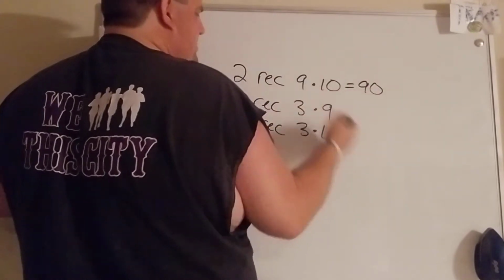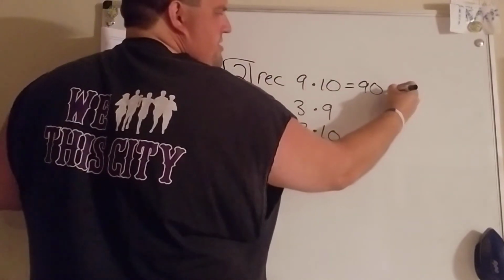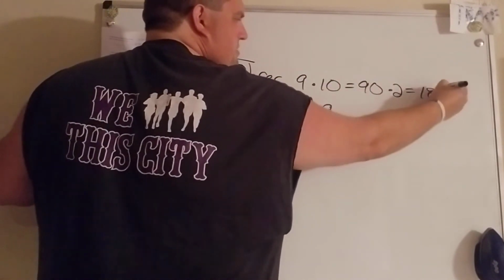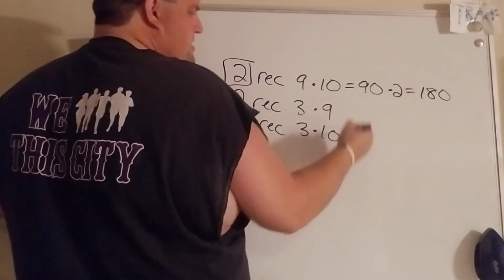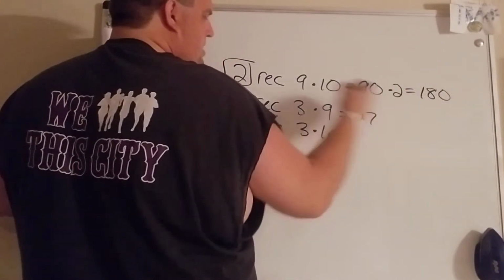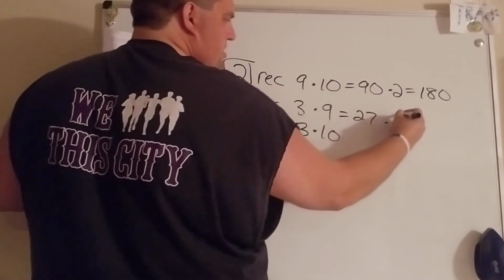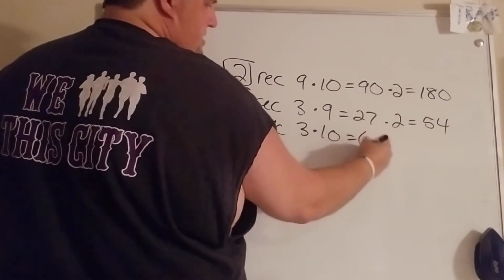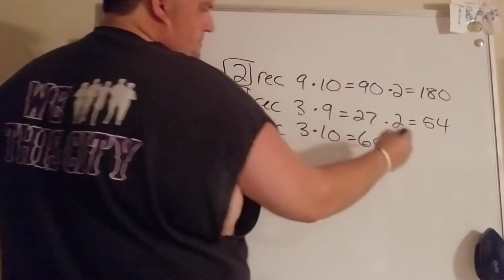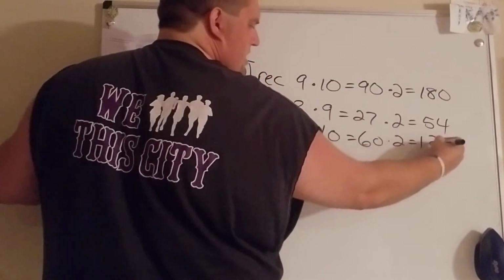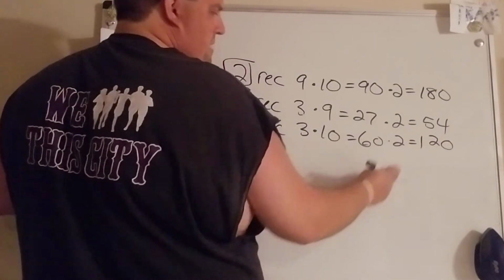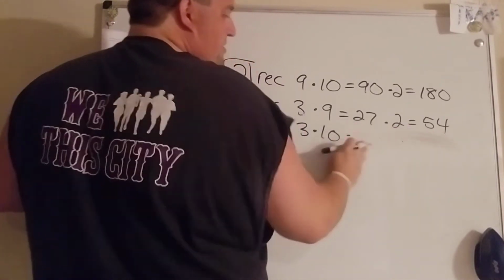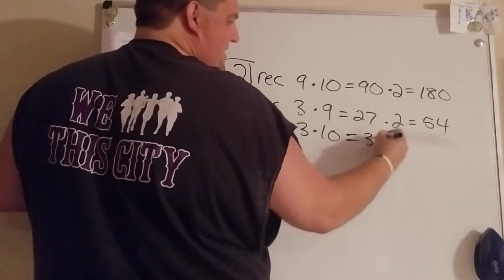9 times 10 is 90. There's two of those. So times 2, you get 180. 3 times 9 is 27. There's two of those. So that's going to be 54. 3 times 10 is 60. There's two of those. Oh, my bad. I was thinking ahead. 3 times 10 is 30. There we go.